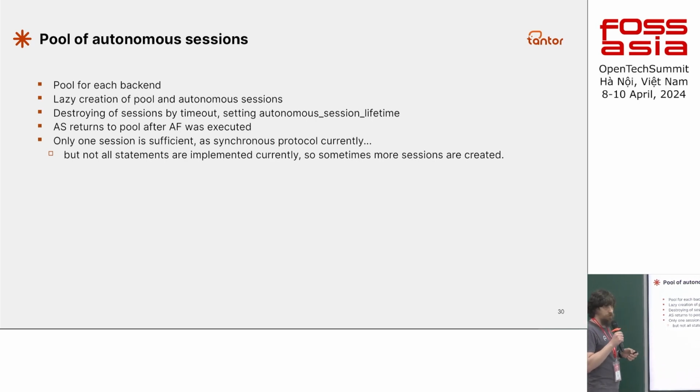After execution, the autonomous session is returned to the pool. At the current time, to tell the truth, only one session is sufficient, as we have synchronous execution between main and autonomous sessions. But as some statements are not supported, sometimes we need more autonomous sessions.